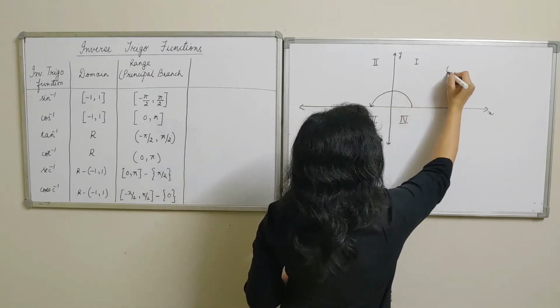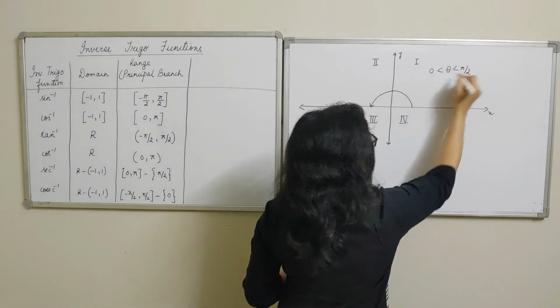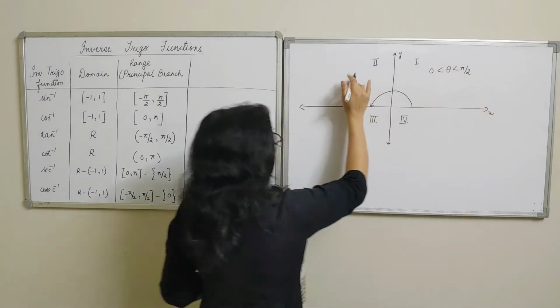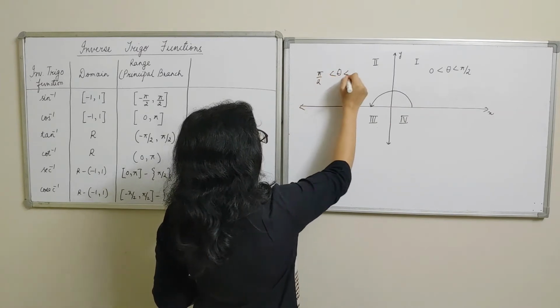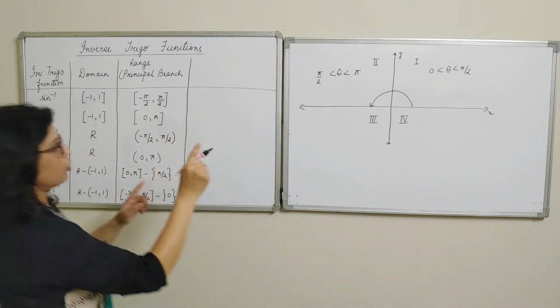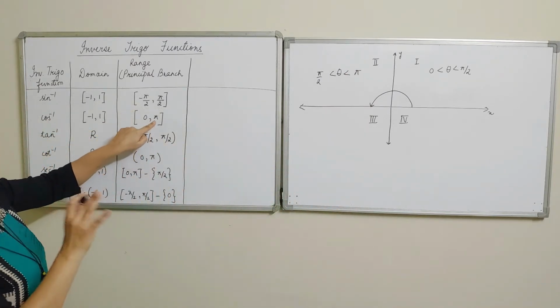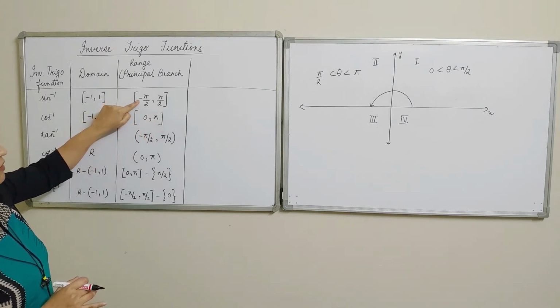In the first quadrant, the angles lie between 0 and pi by 2. So positive angles. In the second quadrant, the angles lie between pi by 2 and pi. So positive angles are all in the first and second quadrant because the largest positive angle that we have is pi radians.